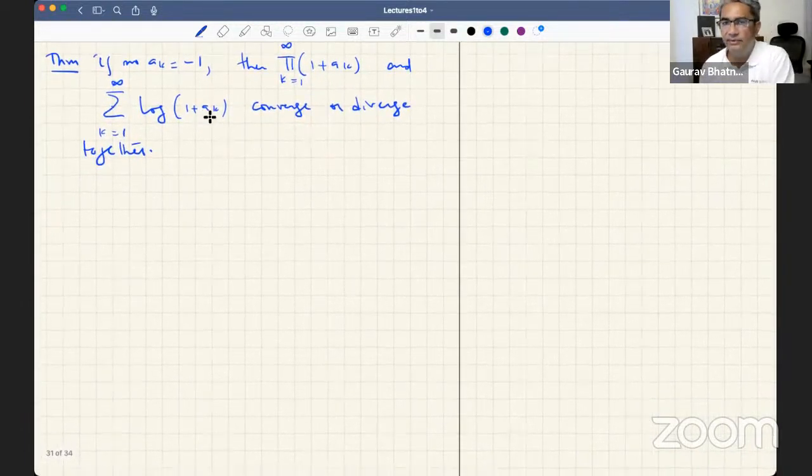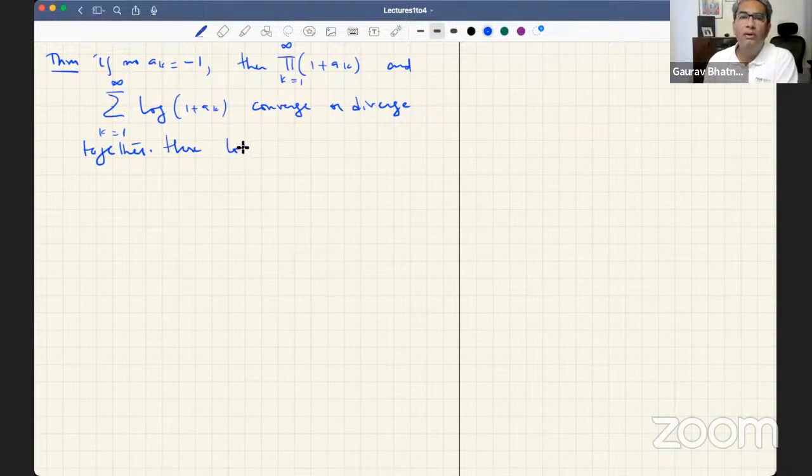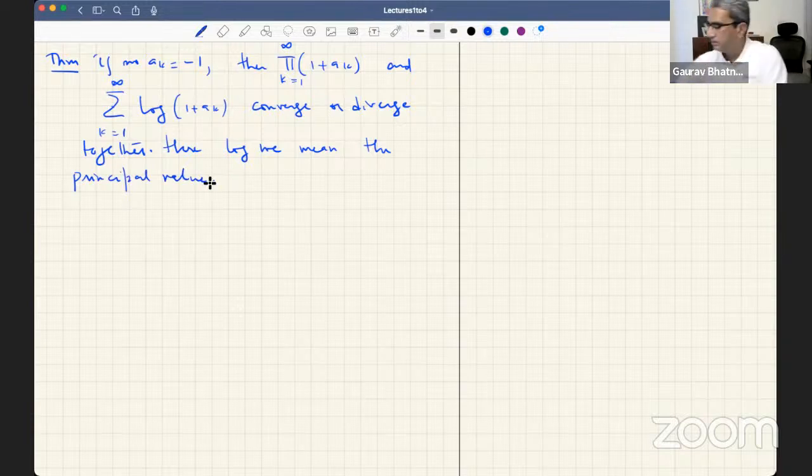So this is the reason why we don't want a_k to be equal to -1, and here by log we mean the principal value. So as a complex number, complex logarithm.